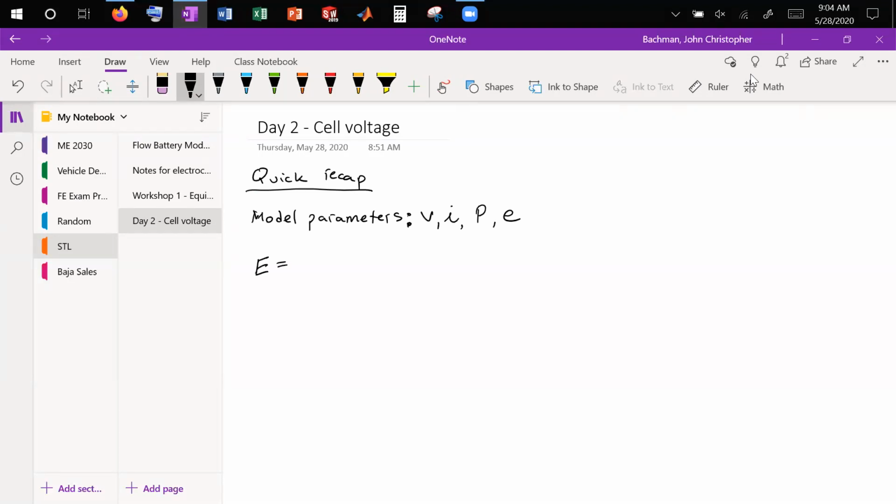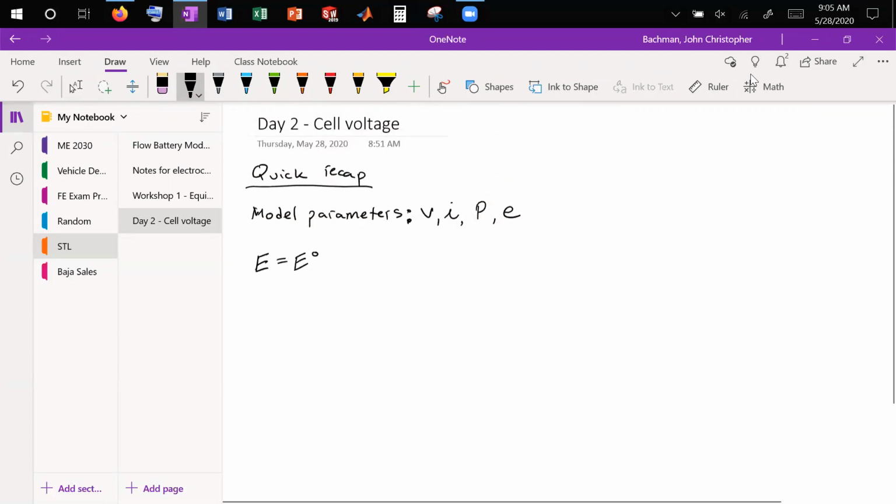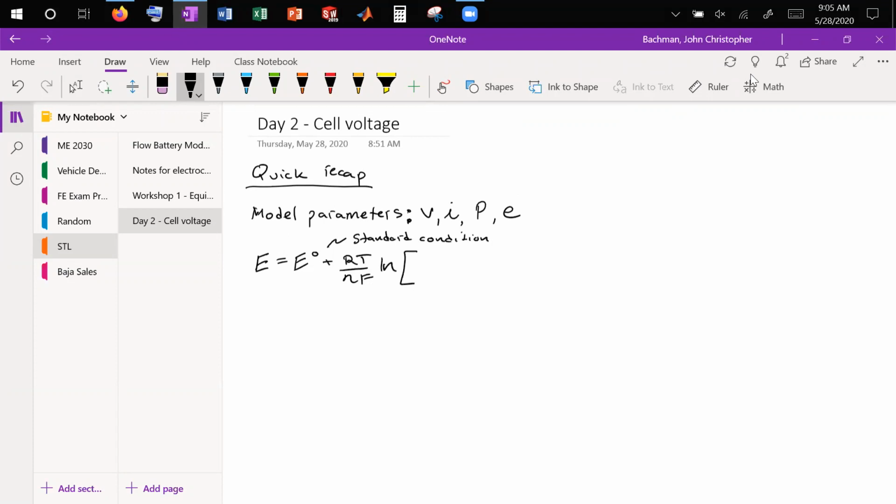So we said we had some voltage equal to some standard voltage. This little naught just means it's at standard conditions. And we got a term, RT over nF, natural log, of a term that has all the activities, which could be concentrations or pressures of your reactants over the concentration of your products.